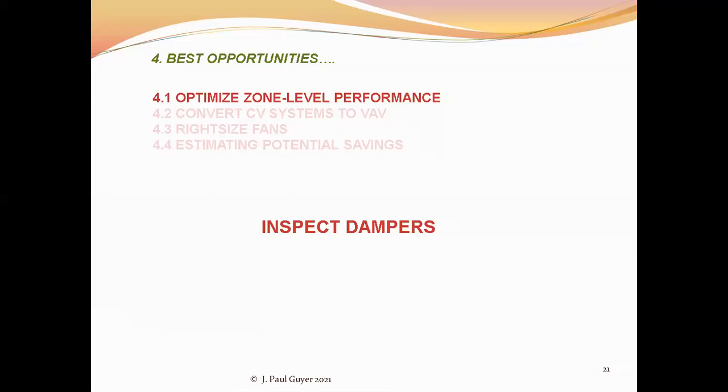So we're still talking about optimizing zone level performance. By the way, another point to keep in mind as far as optimizing zone level performance is the occupancy of the space you're dealing with may have changed since the air conditioning system was designed.